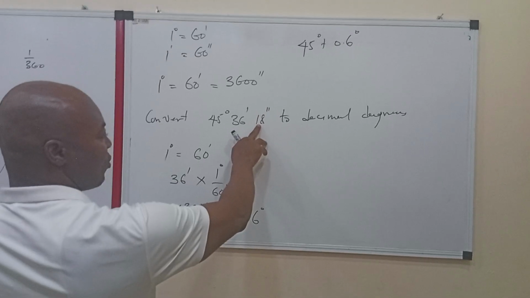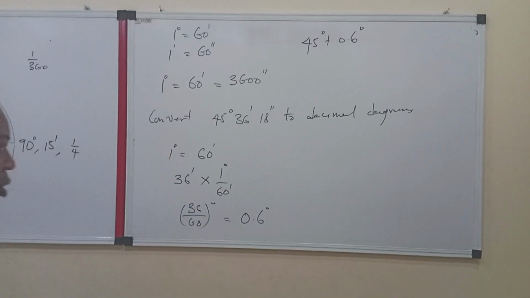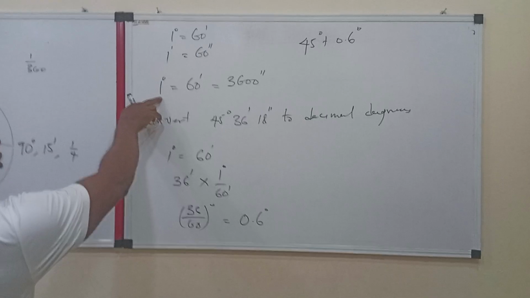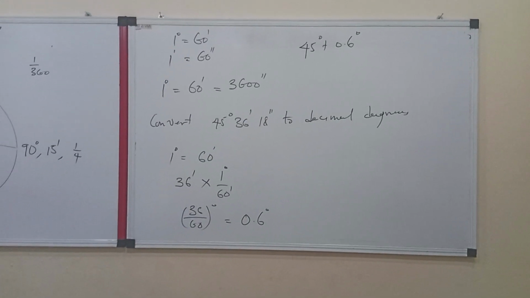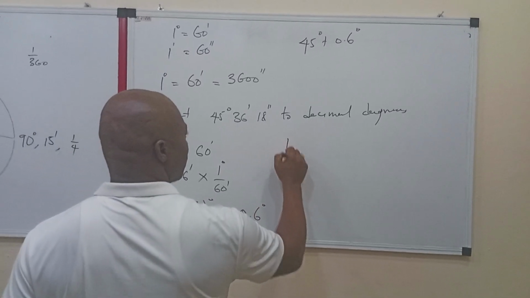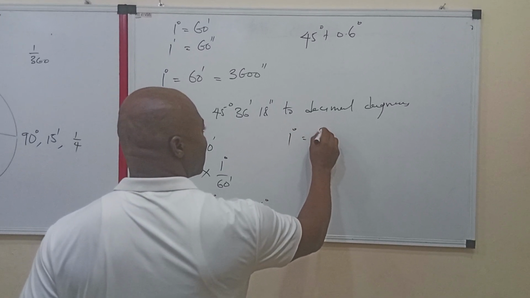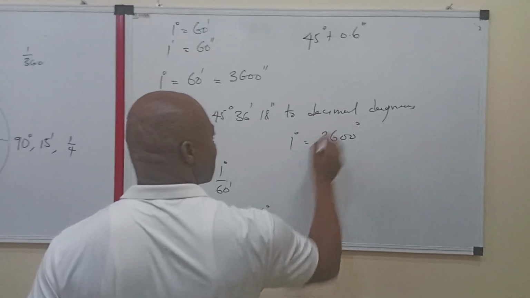Now for this 18 seconds, it's the same thing. There is a relationship that in 1 degree we have 3,600 seconds.